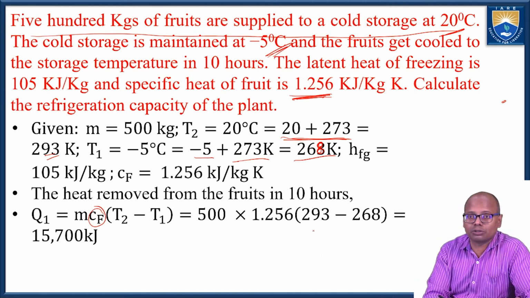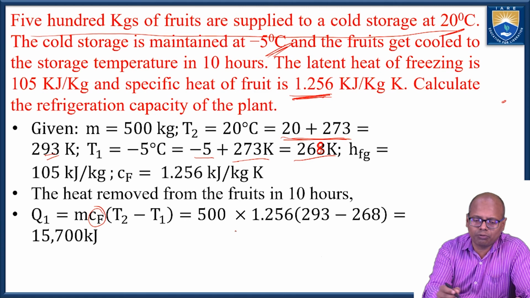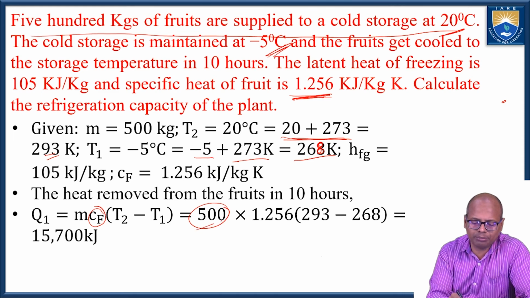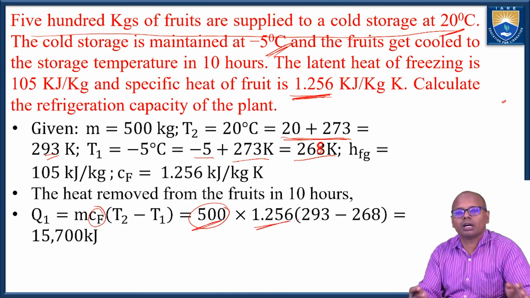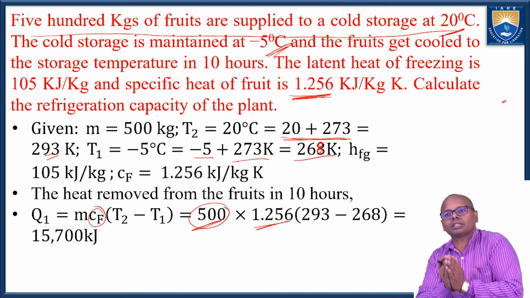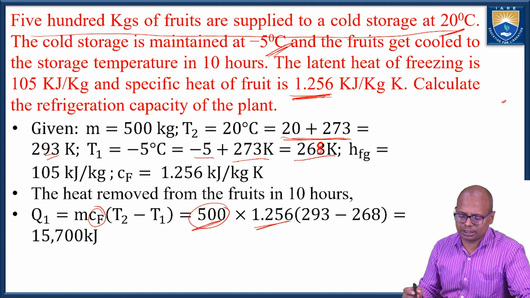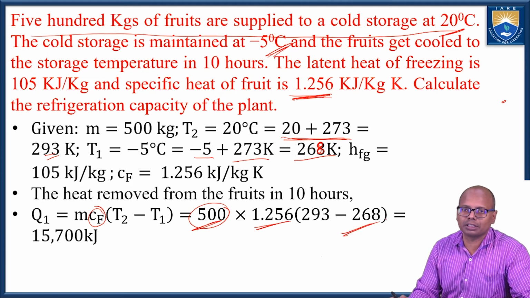So if that is known, what I can do, 500 kgs of foods are supplied. Okay, mass is 500, and this is the specific heat. And what is happening, the temperature of the foods are coming from 20 degrees to minus 5 degrees centigrade. So this is the temperature difference.